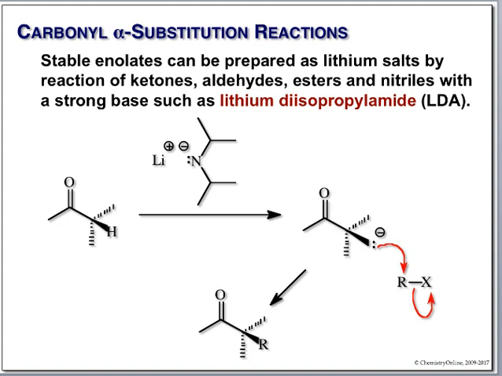We will see other examples where we can do this without using LDA. But LDA is a nice old way to do it. You convert it totally to the enolate, dump in your alkyl halide, and boom, you've got your product.